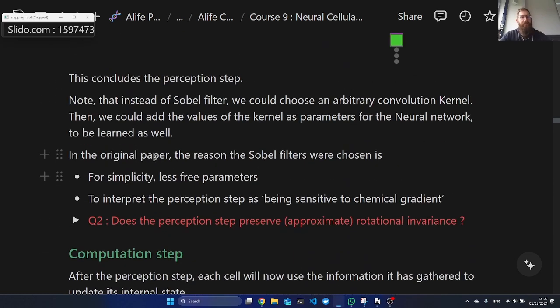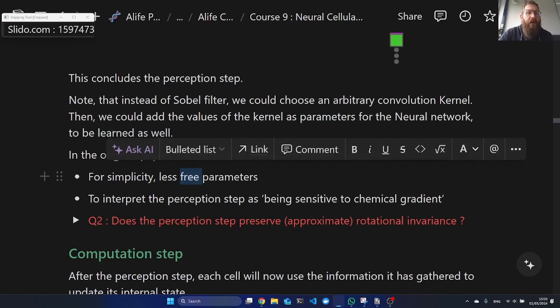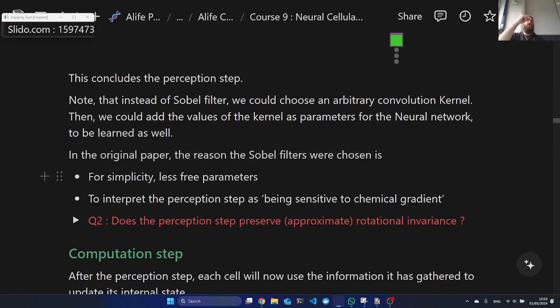Okay, and in the original paper, the reason for this is that the idea was that you have the RGB channels, which is the actual color of the cells. And then the rest of the channels could represent some concentration of some chemical. And the idea was that, apparently, I don't know if it's true or not, in biology, you can usually sense the chemical gradient, but not the concentration of the chemical directly.